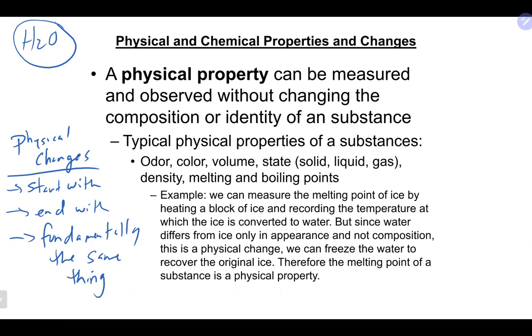And stuff like that. So those are all examples of physical changes. You know, if you had a piece of paper and you colored it red, it is still fundamentally a piece of paper. It just looks red. So those are all physical type changes. And again, very common physical properties are what you see there: solid, liquid, gas, odor, color, melting points, and boiling points. Any questions on that there?